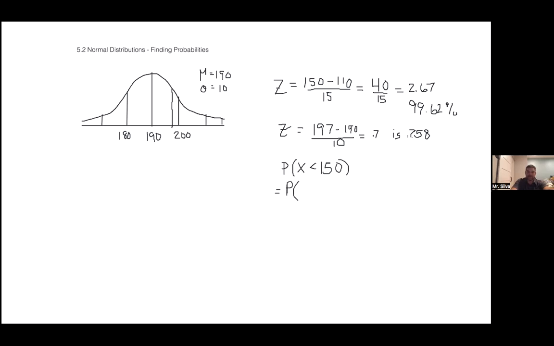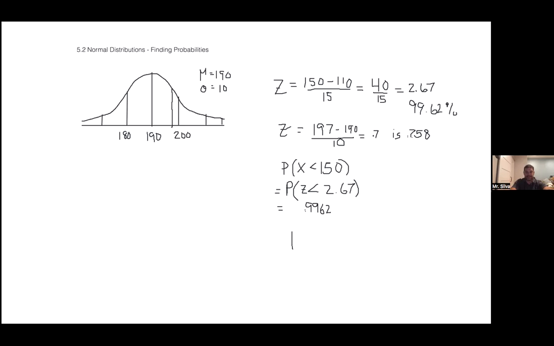I already found that z-score: 150 minus 110 divided by 15, 2.67. What's a z-score of 2.67? That is 0.9962, or I could write it as a percentile. Sweet. 99th percentile. Top 1%, if you got an IQ of 150.